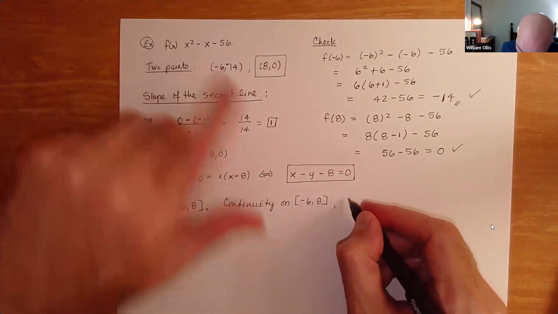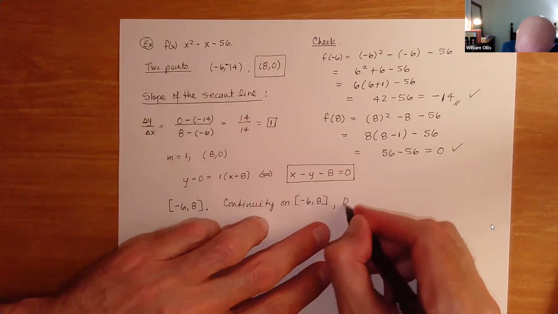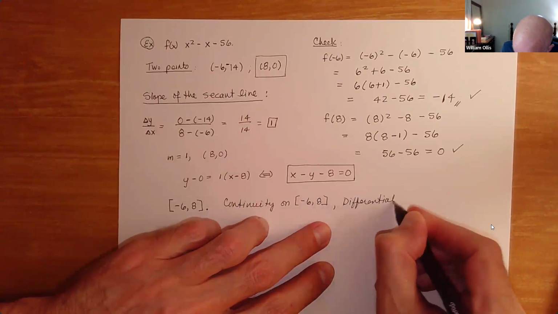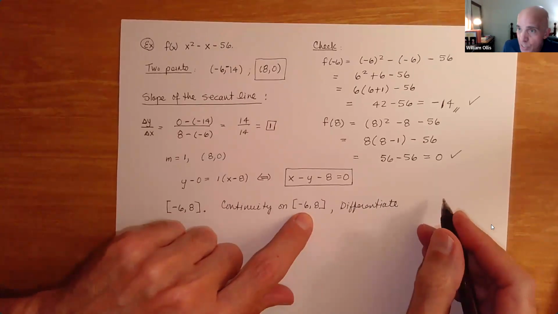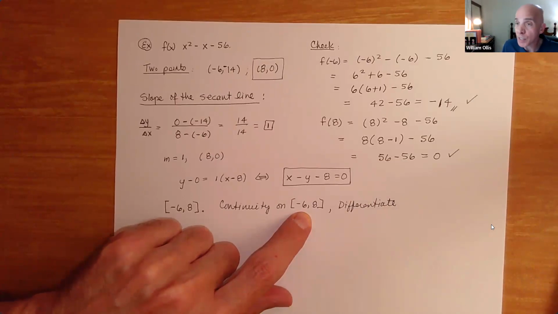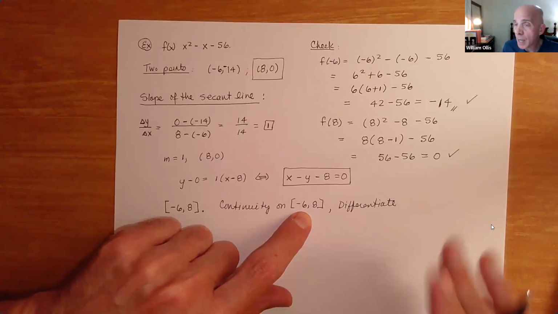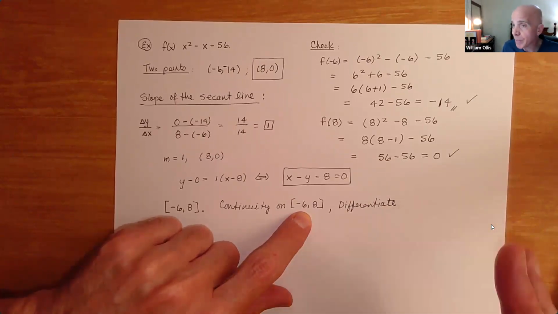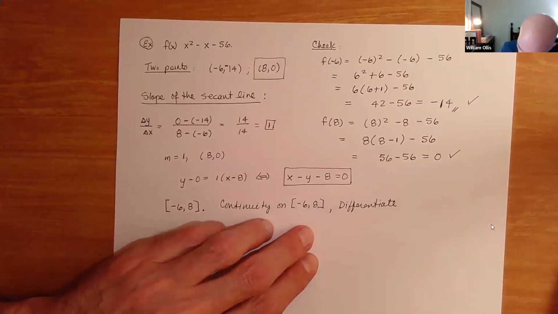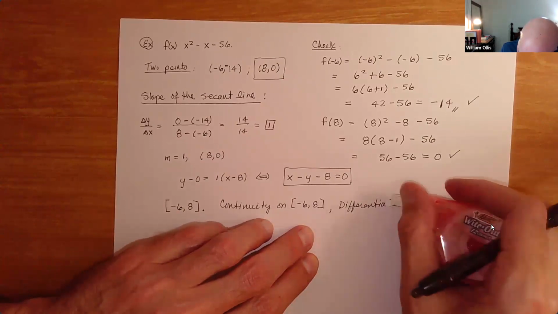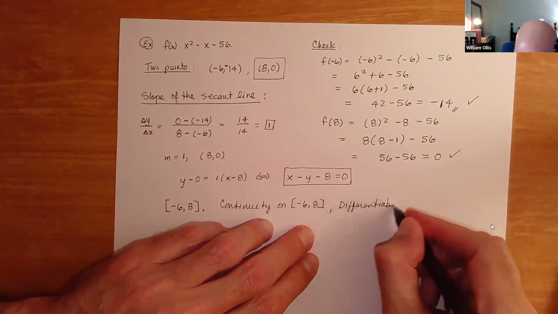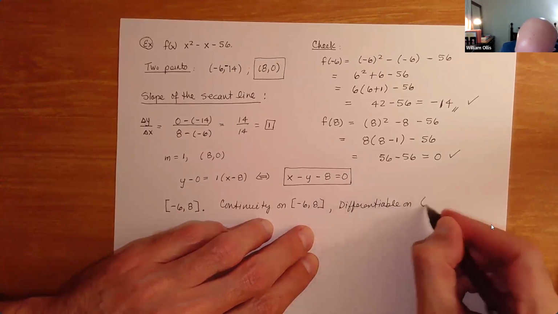And we have the differentiability. Again, we can easily differentiate, but we have a quadratic function that we know is differentiable. It's differentiable for all real numbers, just like we did the last one, even though the derivative gave us the value of c, the intermediary value that we were looking for. So differentiable on the open set.